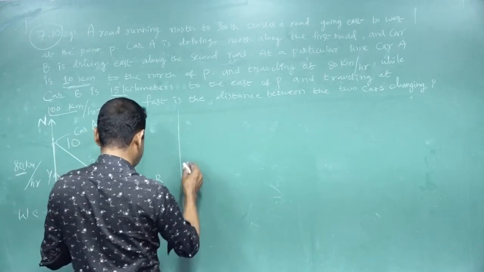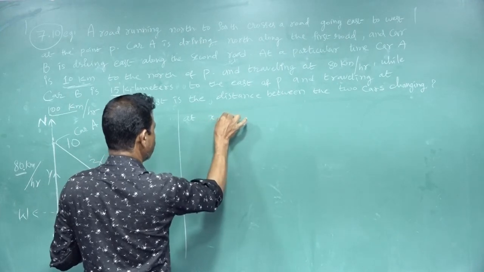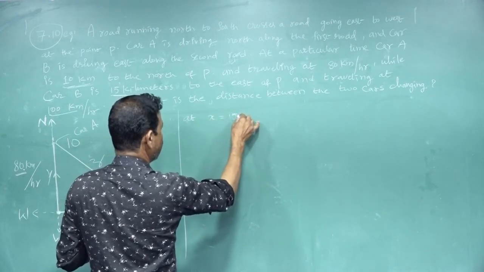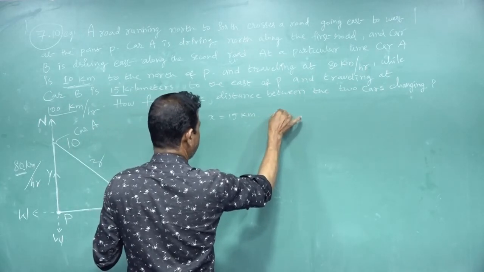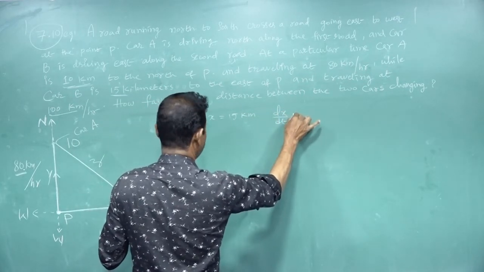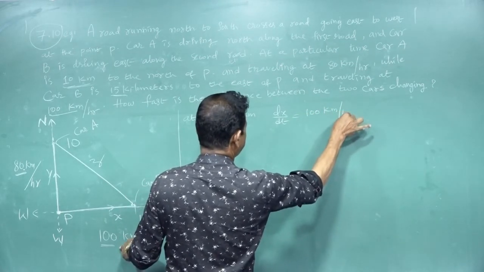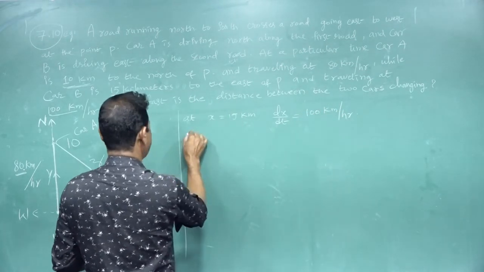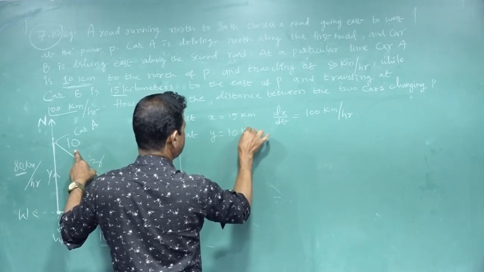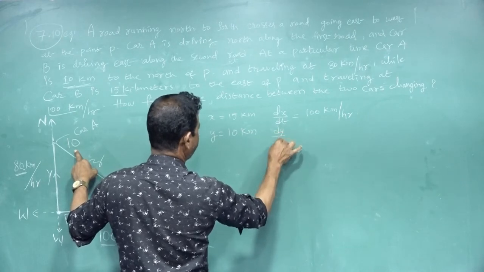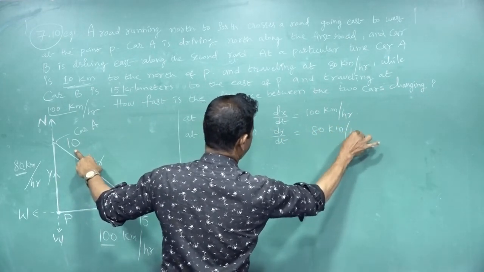At x is equal to 15 kilometers, dx by dt how much is given? 100 kilometers per hour given. And next, at y is equal to 10 kilometers, dy by dt is 80 kilometers per hour, given.